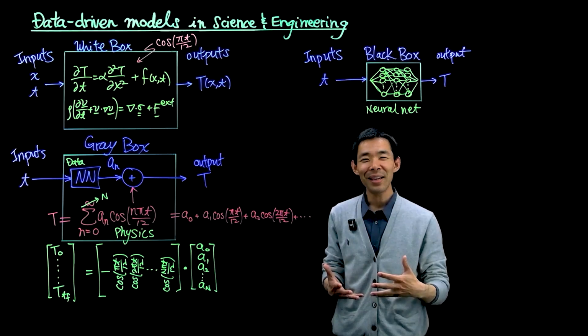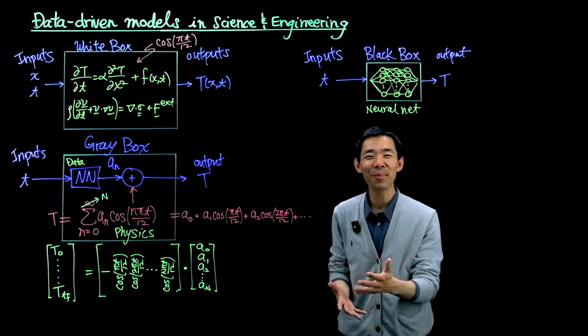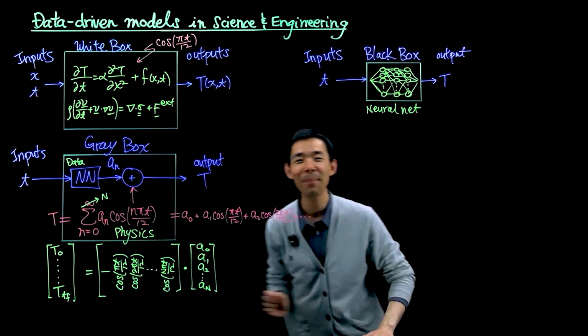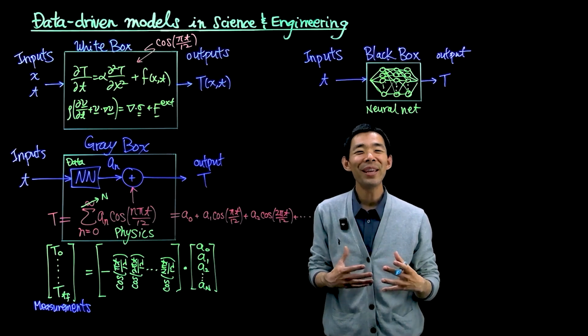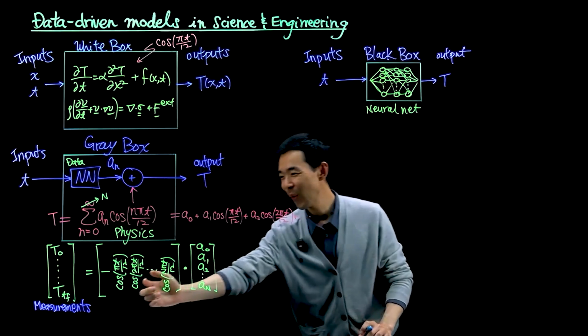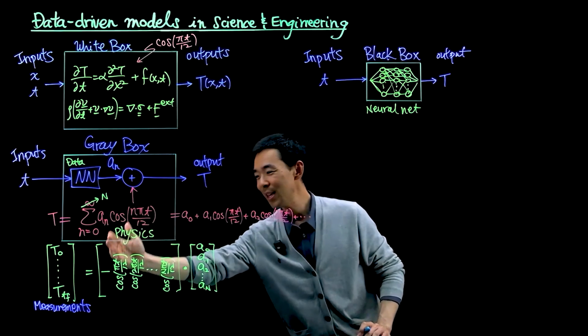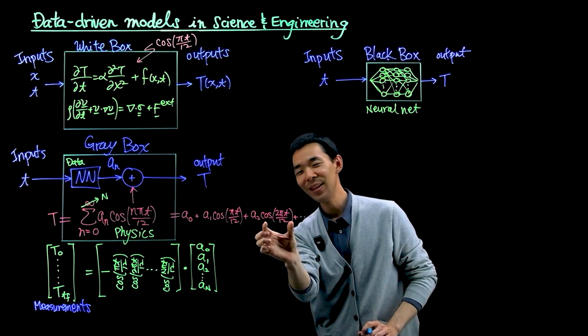Now what you can see is that we have a linear algebra problem that looks like the following. On the left-hand side, I have my temperature data. Those are my measurements. And we know the inputs of time over a 24-hour cycle. Therefore, this gigantic matrix right here, each column just contains each of these entries.